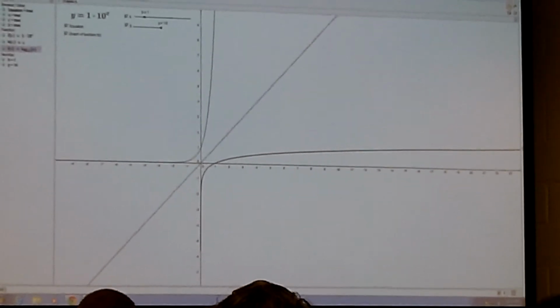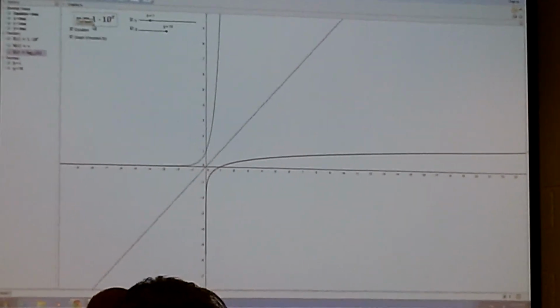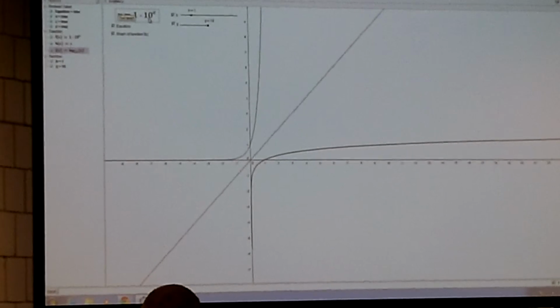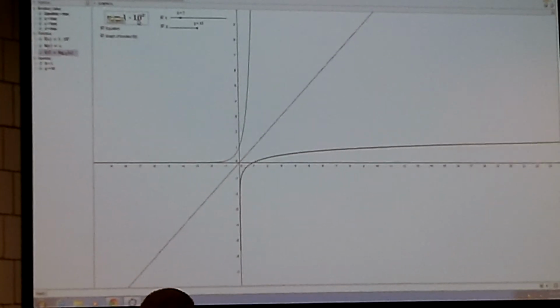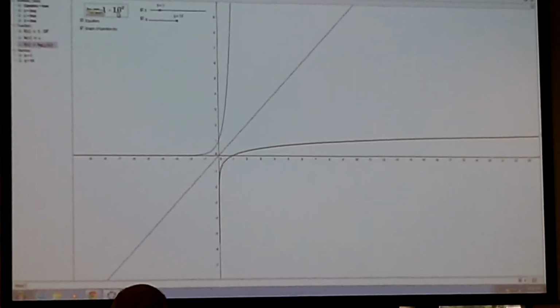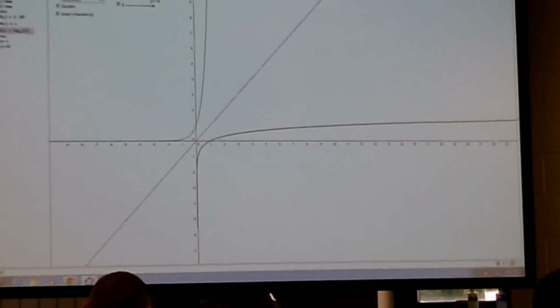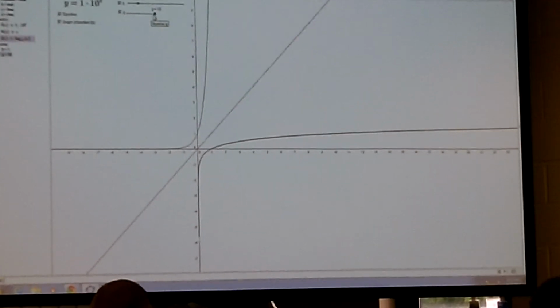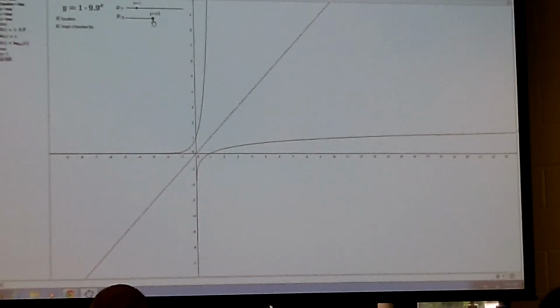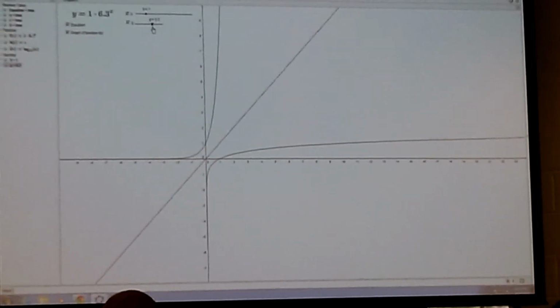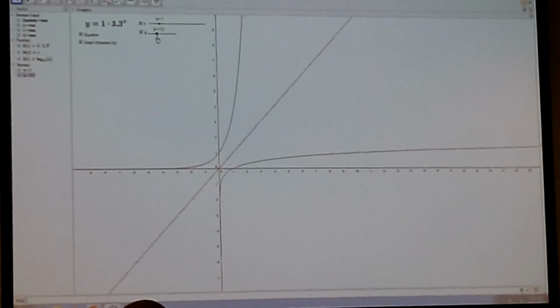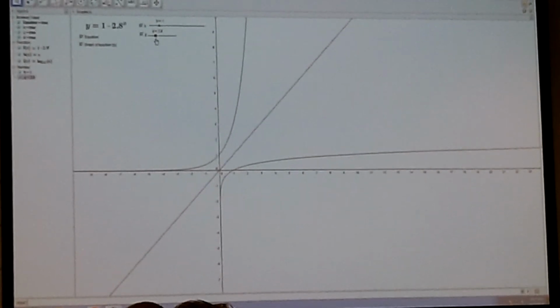If we wanted to do continuous growth, what would we have for a growth factor here? Continuous growth would be, and I'll help out here, yeah, this would be e, so we should make this like 2.7. And as we go down to 2.7, what's happening to the exponential growth curve?